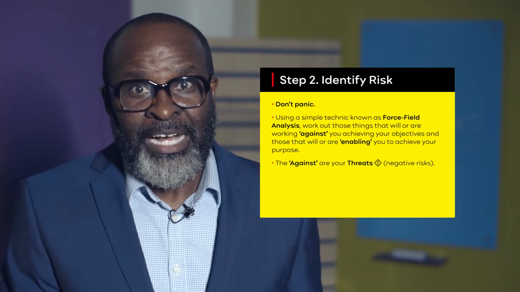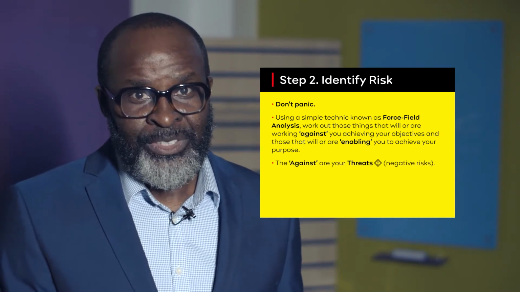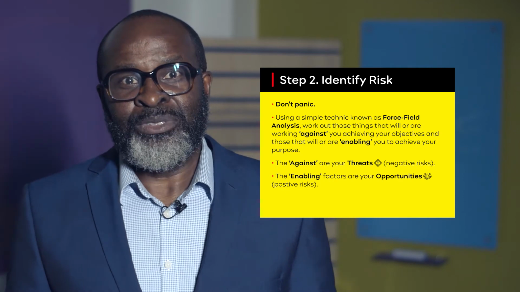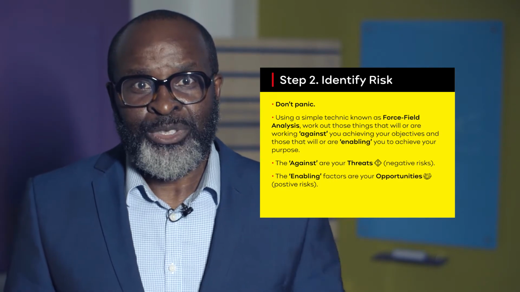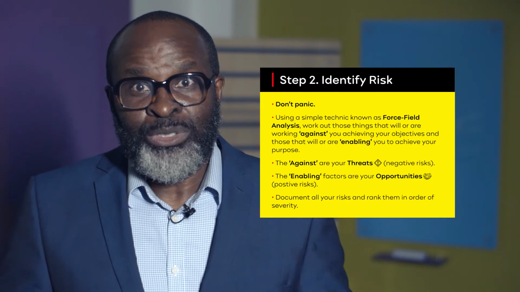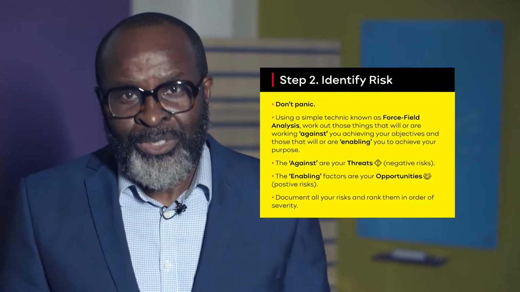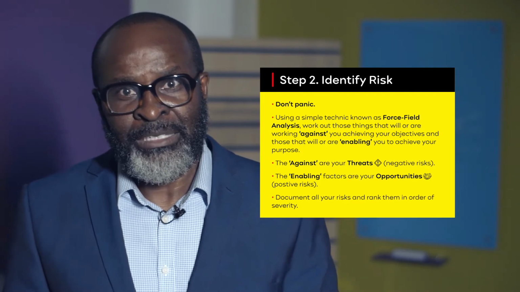The against are your threats, these are the negative risks, and the enabling factors are your opportunities, the positive risks. Document all your risks and rank them in order of severity. I'll talk about that a bit more later.